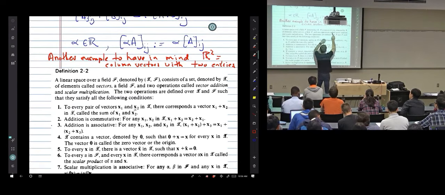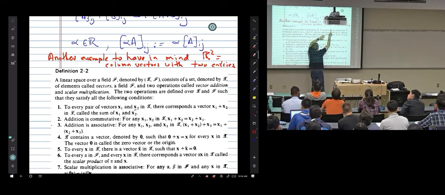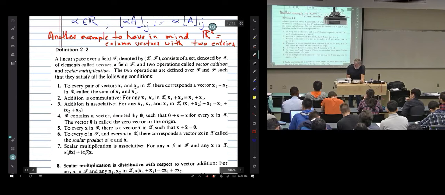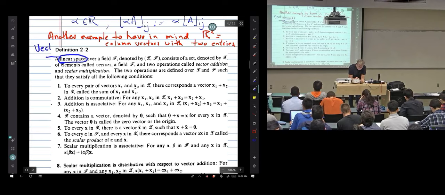So we call that R2. We have an X and a Y, for example, stacked up on each other. Okay. And then instead of calling this a linear space, we're going to call it a vector space.